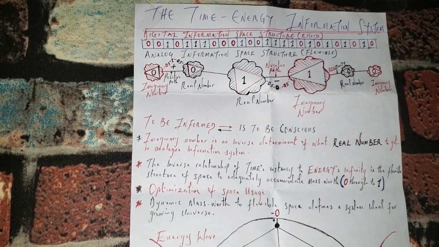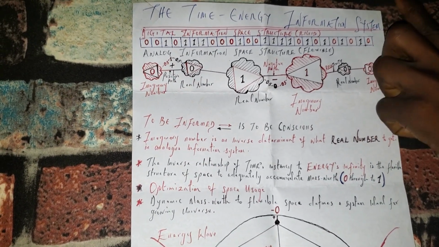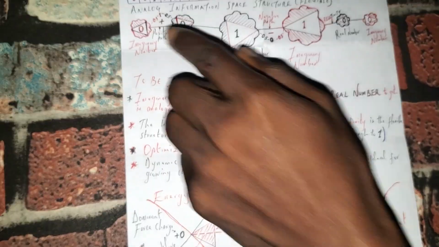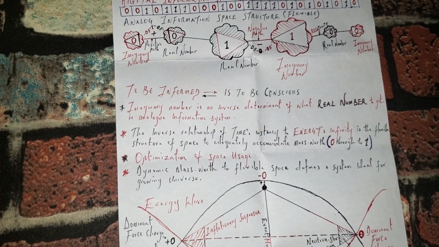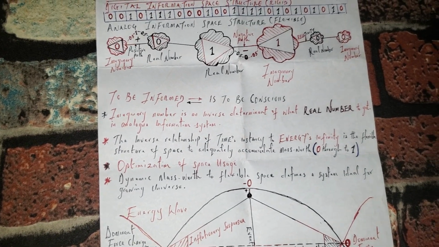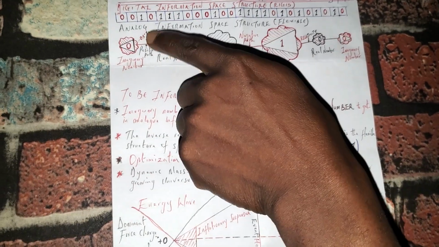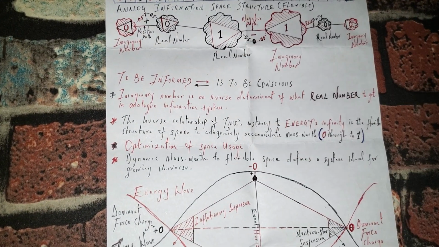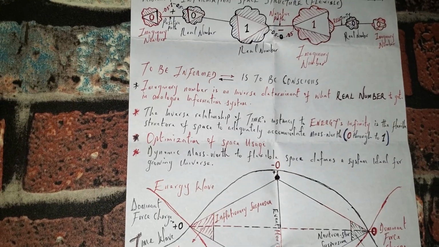What do I mean by that? This trajectory can actually assume any number, right from 0.2, 0.5 to 1, or 0.3 or 0.5. So this trajectory can assume any number, and that is the analog information structure.